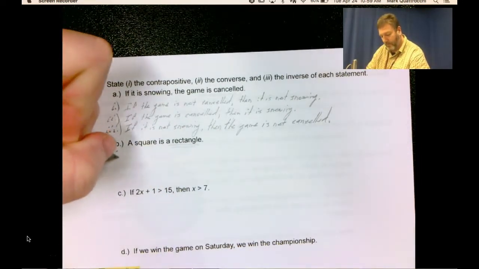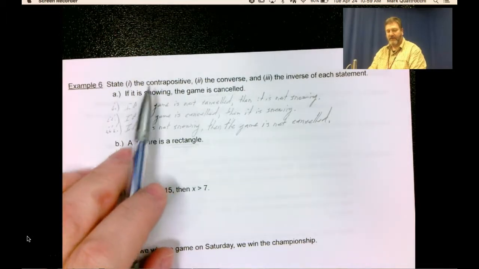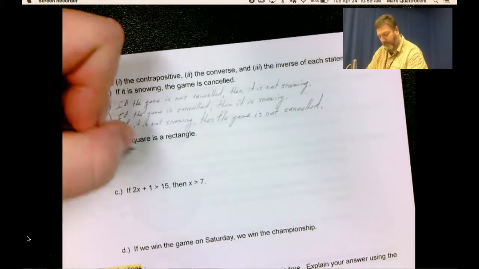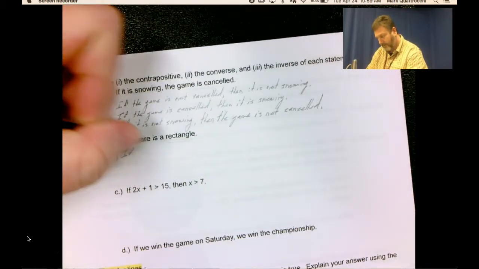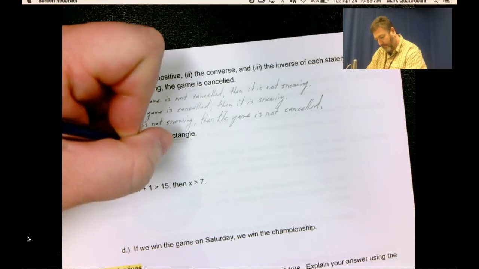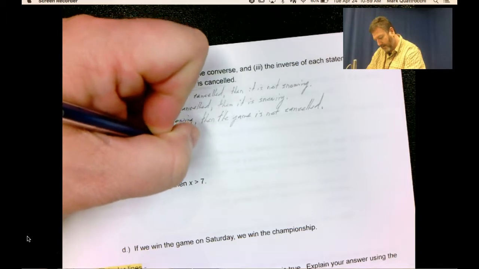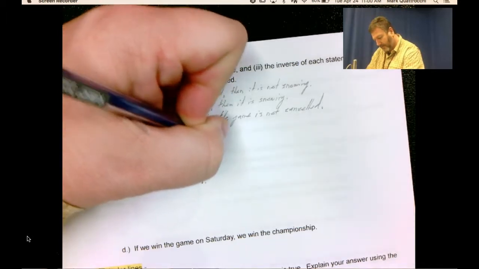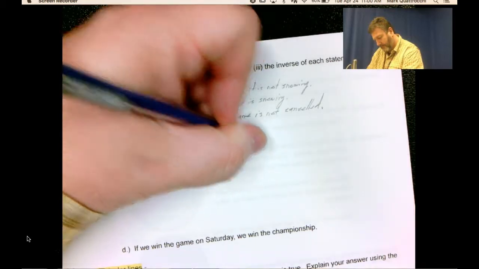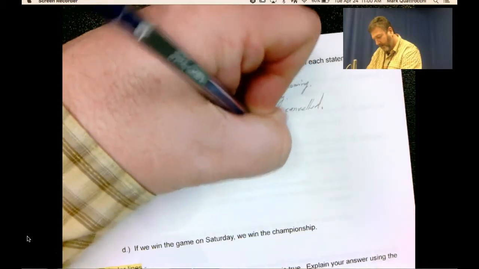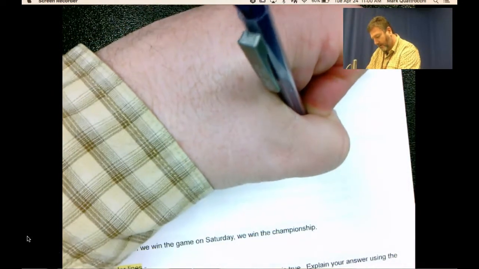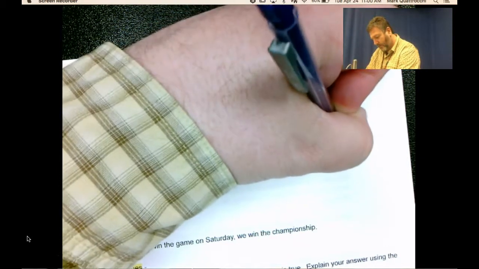So, Roman numeral 1. Contrapositive. Switch them and negate them. If a polygon is not a rectangle, then it is not a square.